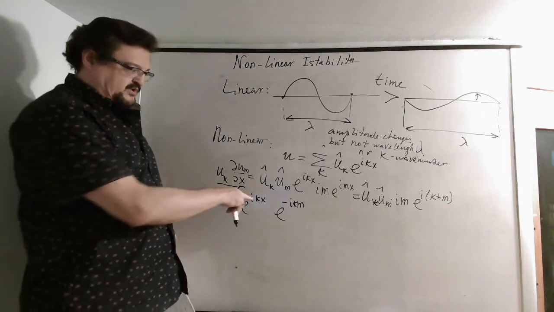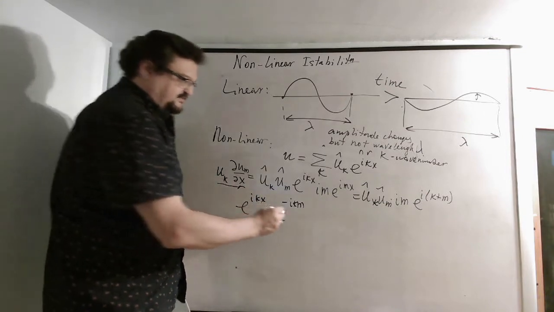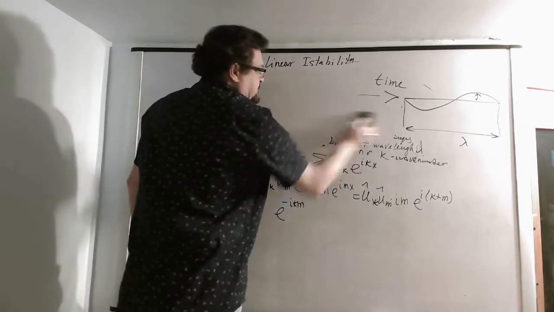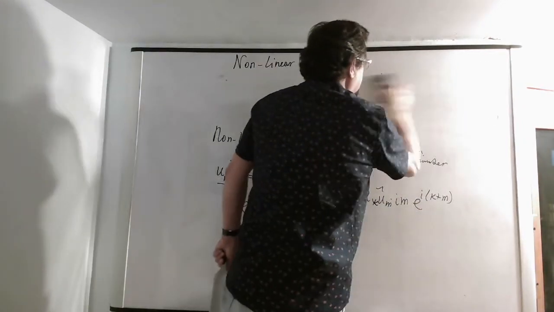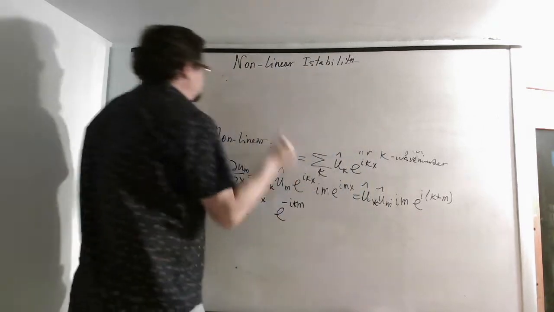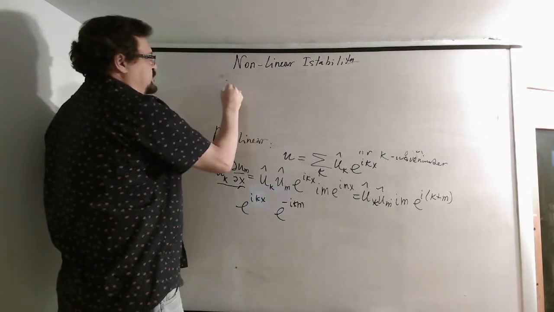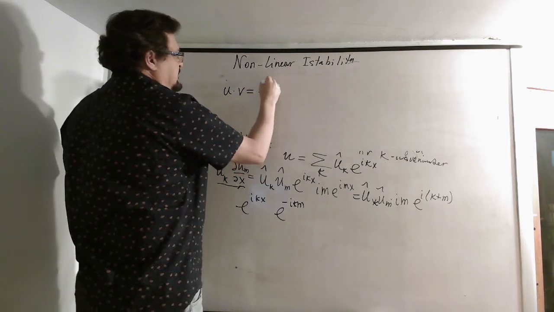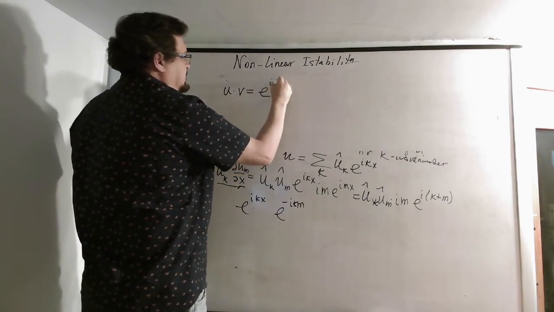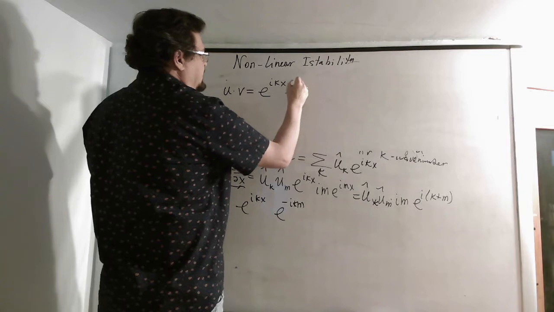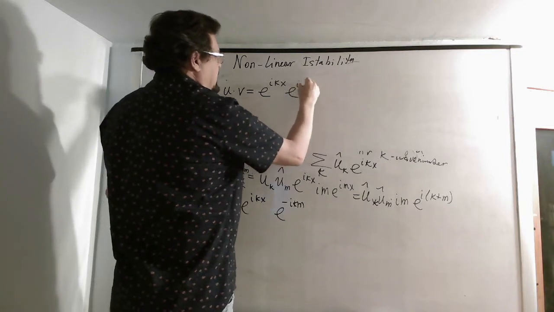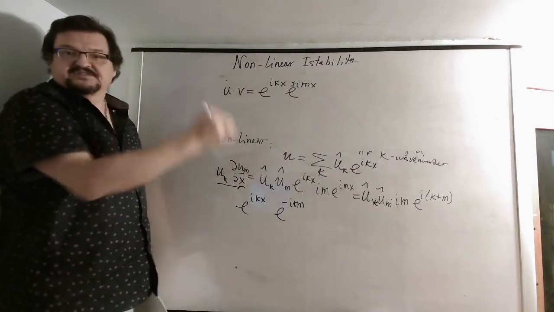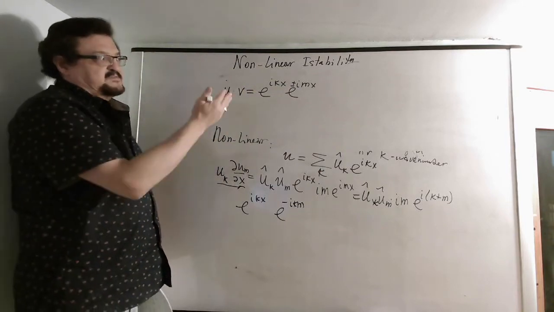So actually, if you have a conjugate, then if you multiply two waves, so you have a nonlinear term like u times v, and here you have i k x, and here you have i m x, but here it is plus or minus because it can be just shifted in phase.